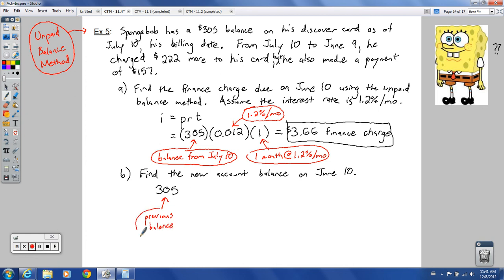Previous balance right here. And then we had some new charges, 222. But we also made a payment, so we add the 222, the new charges, and subtract the amount we pay. We also need to add the 3.66 finance charge. And so we're adding those three things together, but we're subtracting the amount we paid, and our new balance is going to be, we take those four values, put them all together, and you should get this value.